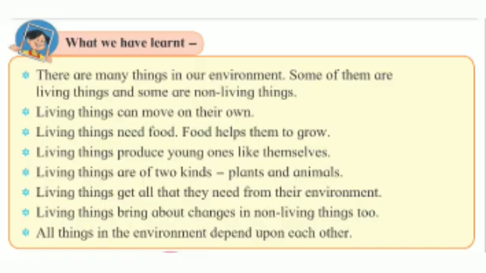Living things produce young ones like themselves. Living things are of two kinds, plants and animals. Living things get all that they need from their environment. Living things bring about changes in non-living things too. All things in the environment depend upon each other.